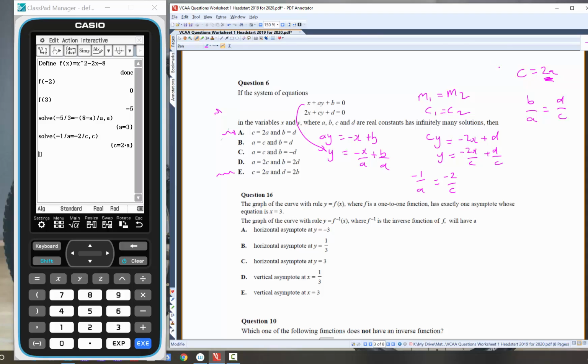So what I'm going to do is make A the subject of this and get it down to C. So here's the basic plan of attack. I want to generate the same denominator, so I can pair off the B's and the D's and basically equate both sides. Now, you may have noticed that there is a little bit of a mistake in my working here. That should be a take B, that should be a take D, this should be a take B on A, this should be a take D on A.